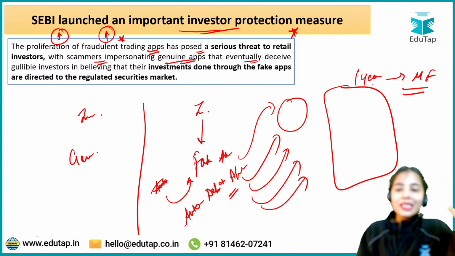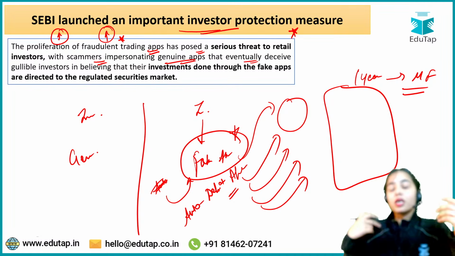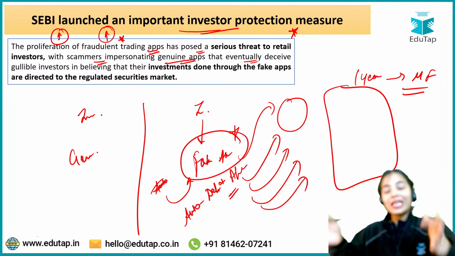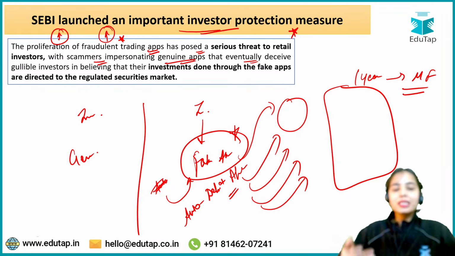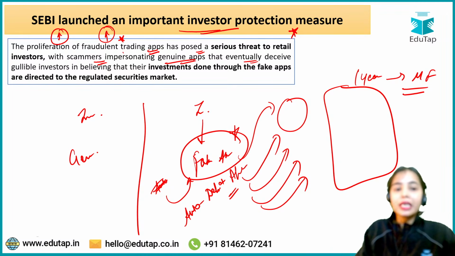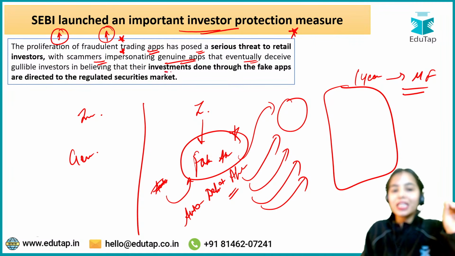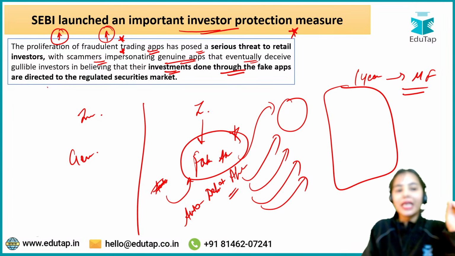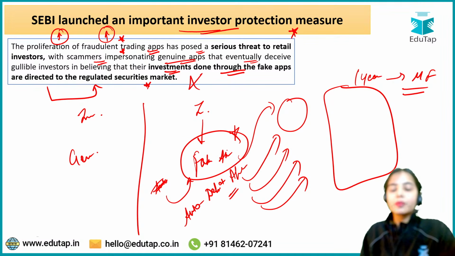You will realize that you have invested through this fake app, and instead of your money going to the mutual fund, it has actually gone into the pockets of the fake app owners. So scammers impersonate the genuine apps and eventually deceive the gullible investors into believing that their investments done through the fake apps are directed to the regulated securities market, which is not. The fake apps are just pocketing the money.